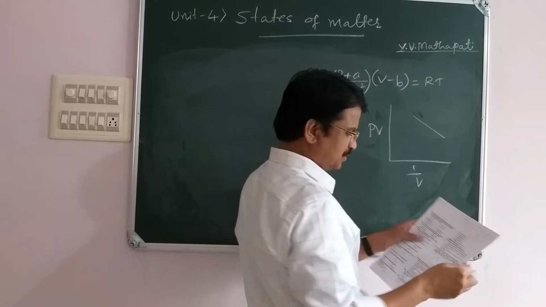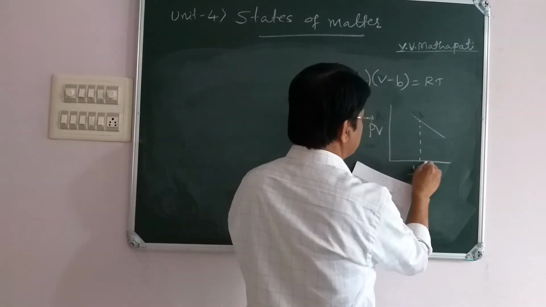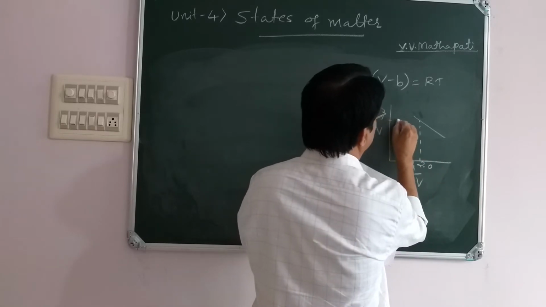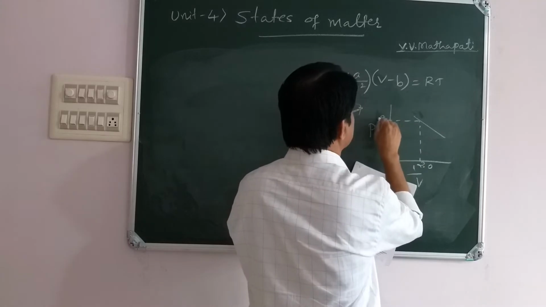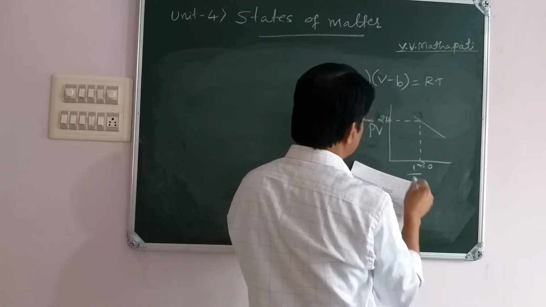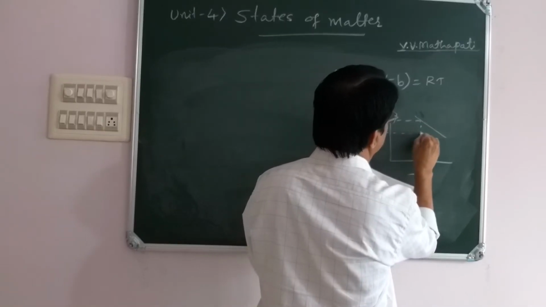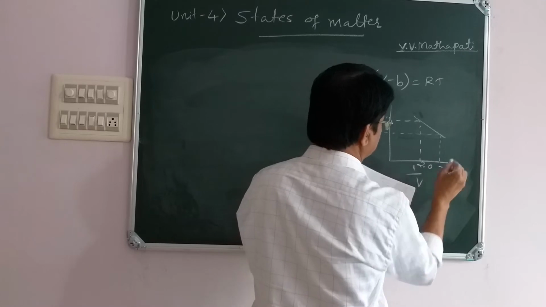And they give the values 2.0, 21.6, and one more value 20.1, and here 3.0.